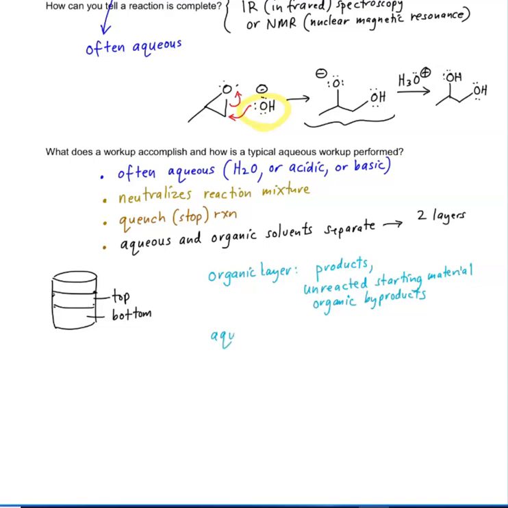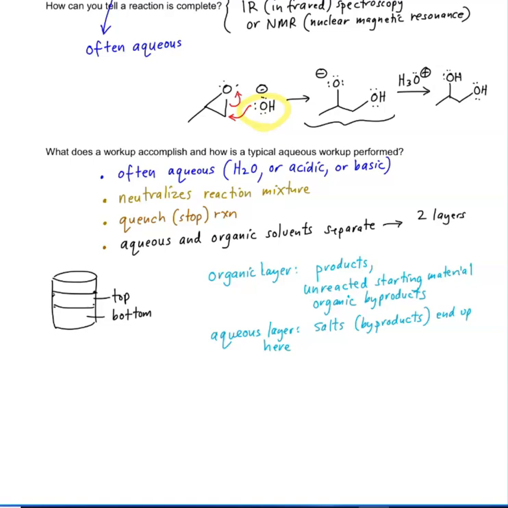In the aqueous layer, that's where any salts that form as byproducts in the reaction are going to end up. So any salts or ionic compounds that are byproducts end up here.